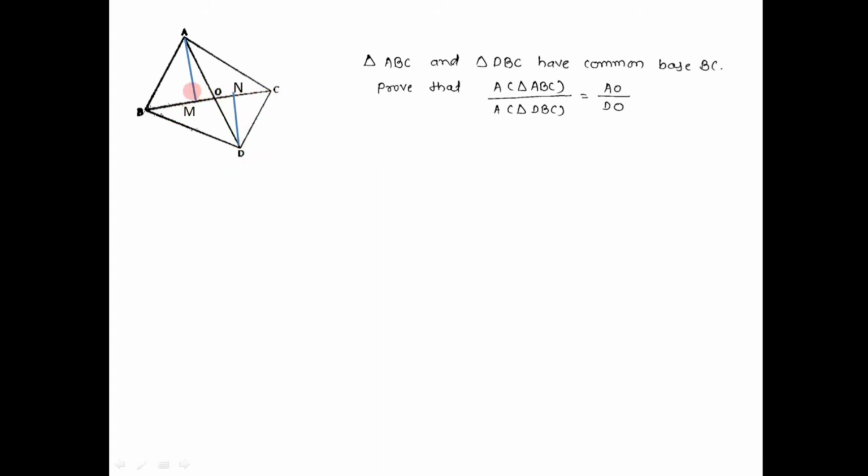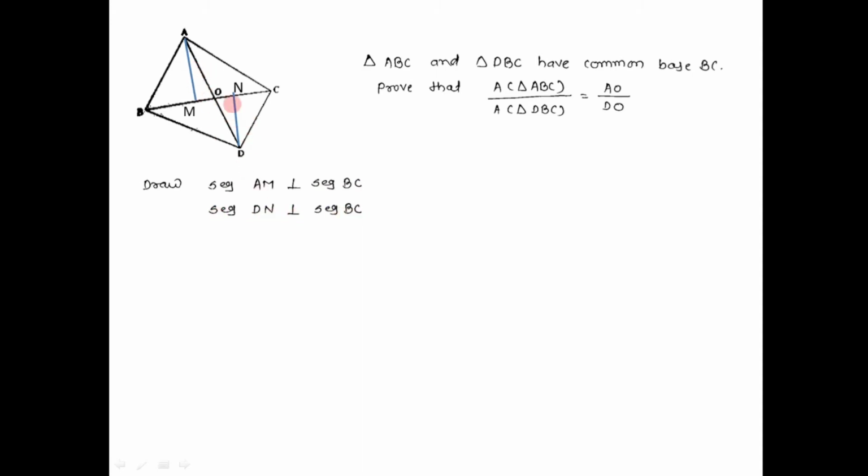We must understand what the height of a triangle is: a perpendicular drawn from a vertex to the base is the height for that triangle. So AM and DN are the heights of these two respective triangles. This is the construction we have done: segment AM is perpendicular to segment BC and segment DN is perpendicular to segment BC.